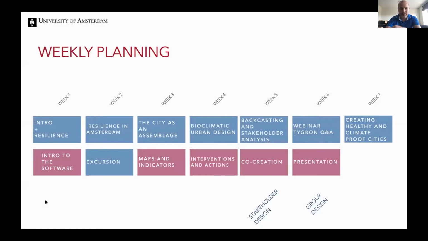Herre, who I think is in this session as well, a student of our research master, prepared this manual we also used to explain how Tygron works when you have overlays and indicators, when you have intervention actions, and what to do then. So that was actually a good start and a good way of organizing it.